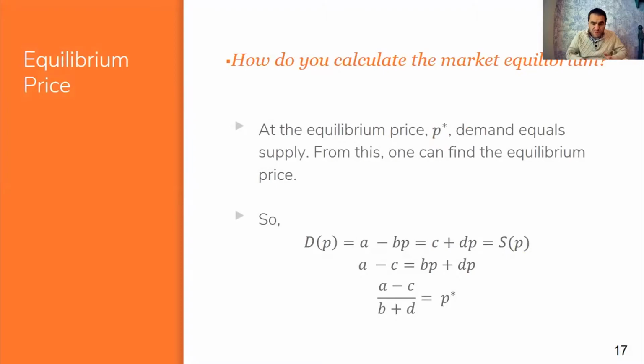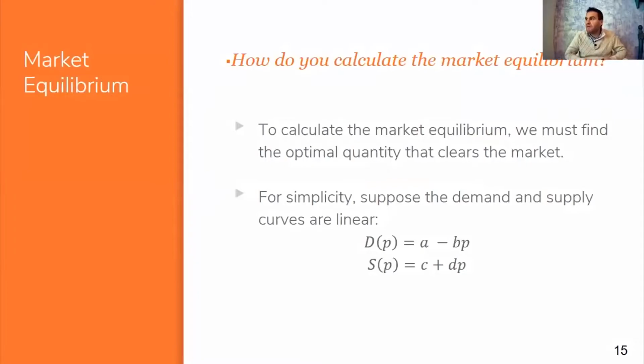And you can do that because both of them, whether they are the demand or the supply, represent a quantity. In the case of the demand, the quantity demanded can be obtained from this particular function that depends on the price, A minus BP.